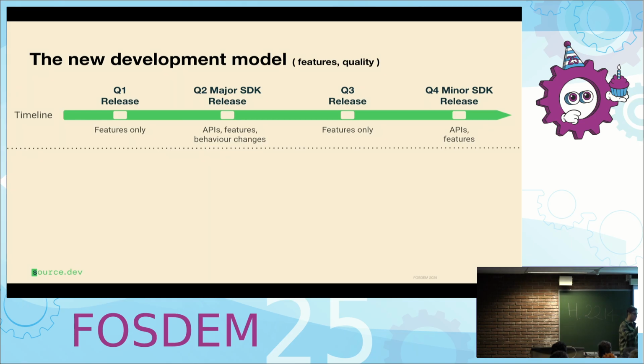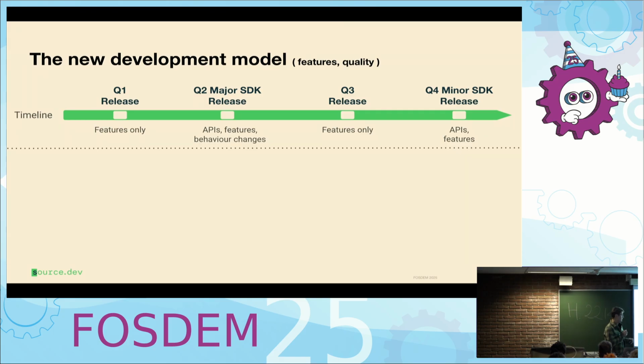So you have Q2, which is a major SDK release that comes a lot earlier than old Android would get released. So you get public Android around Q3. Now you get it around Q2 because that basically expedites all the development towards products in Q4, which is the peak of product sales.